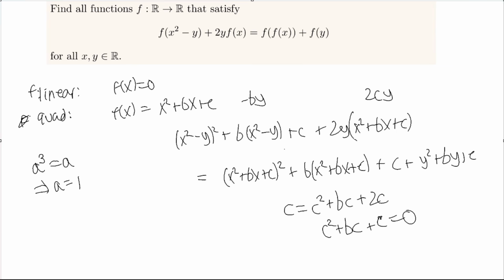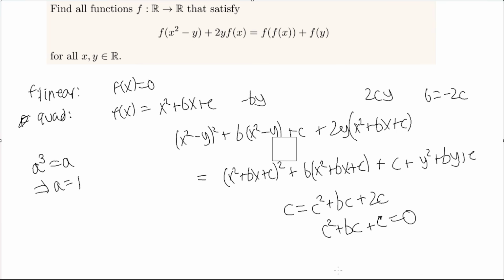That means b is equal to negative 2c. And then we get c squared minus 2c squared plus c equals 0. So c equals 0 or 1. And then we can check that the case where it's 1 does not work, which means c equals 0.